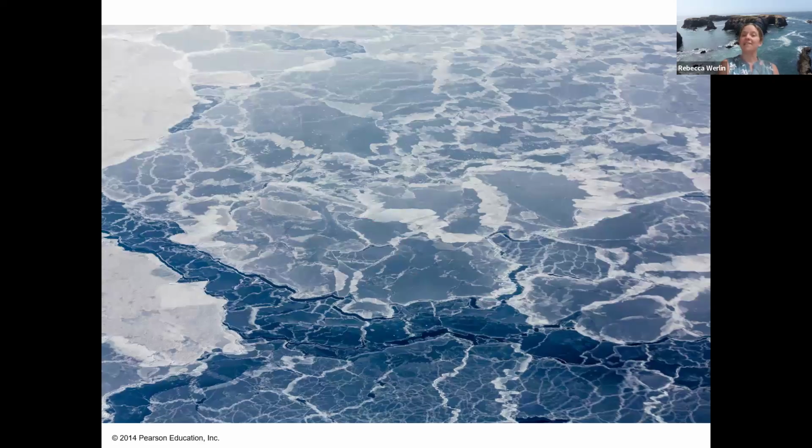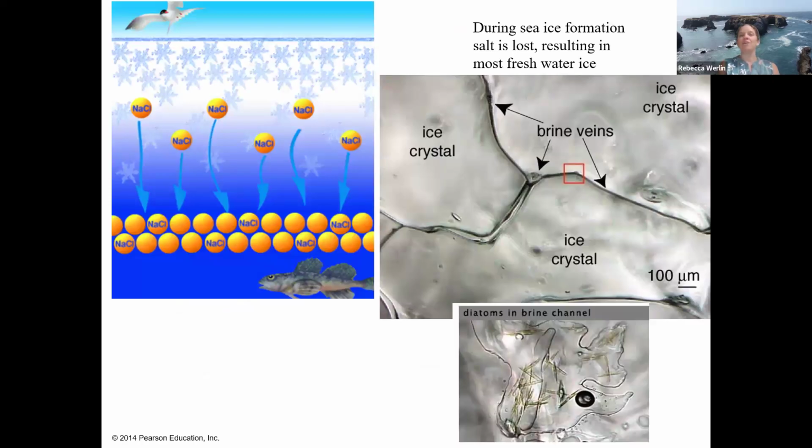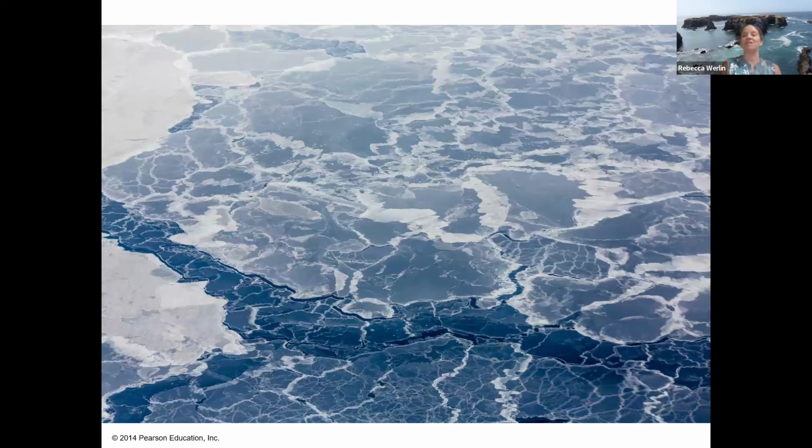And so as ice freezes out on the ocean, what's going to happen is salt is forced out of the ice crystals. So you get something called brine veins, in which this is super salty water that remains liquid, even if you have something like this structure where we have pack ice or sea ice out there on the ocean. It's going to be mostly freshwater ice.